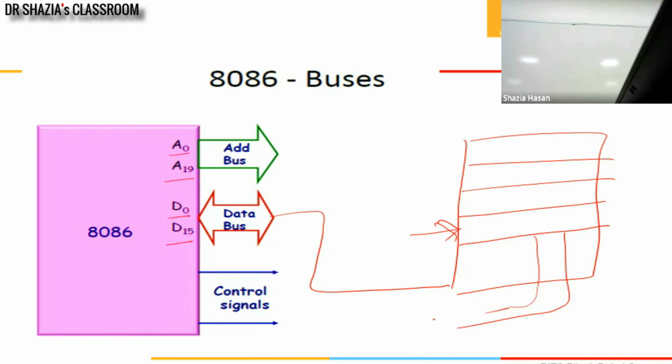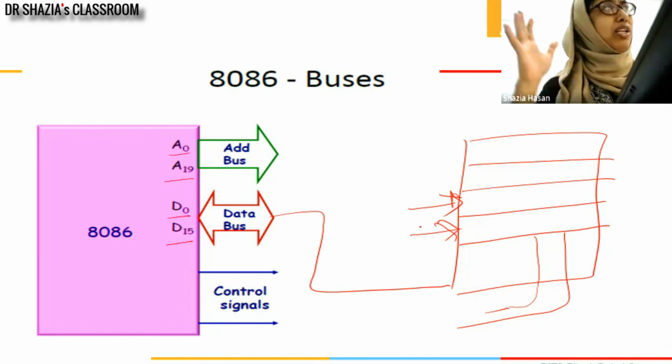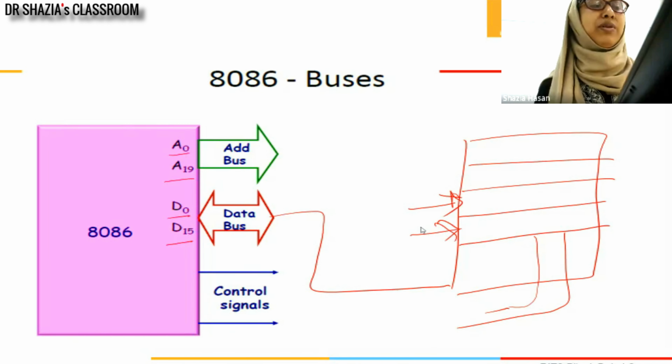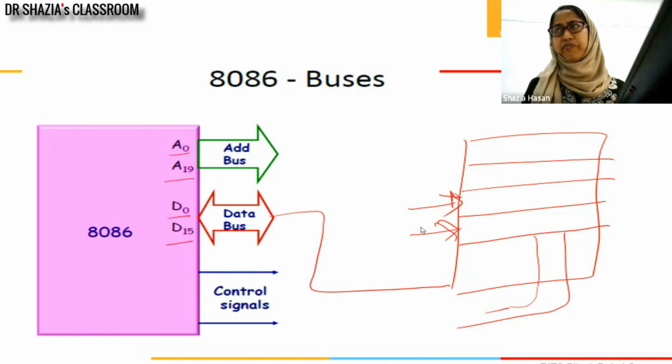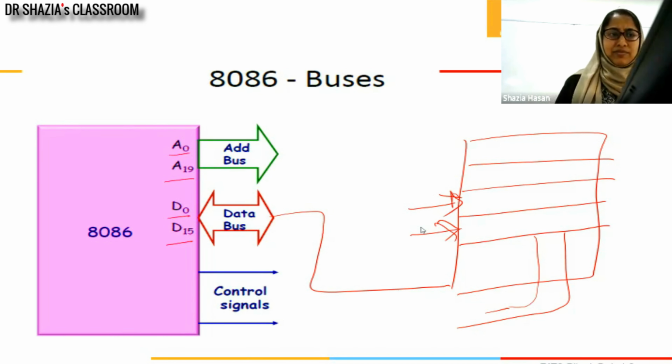It will not transfer 16 bits of data. How will I read two addresses then? If I want to use my microprocessor properly, I have a 16-bit data bus, but my memory is byte organized. It is not matching, yes? My memory is capable of sending or receiving 8 bits of data, but my microprocessor is capable of transferring 16 bits of data.